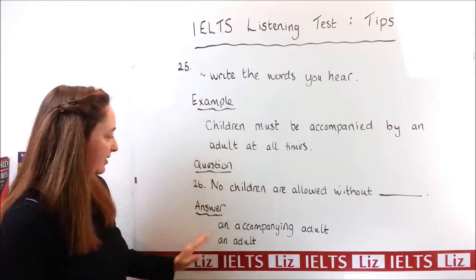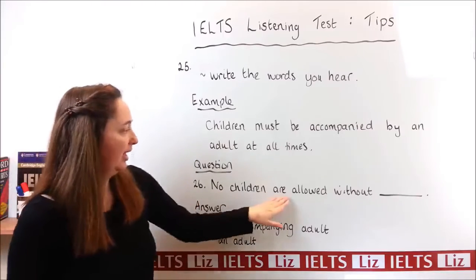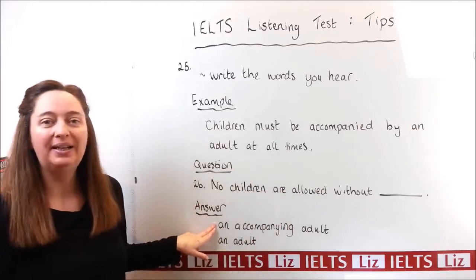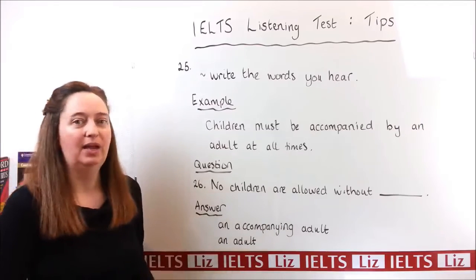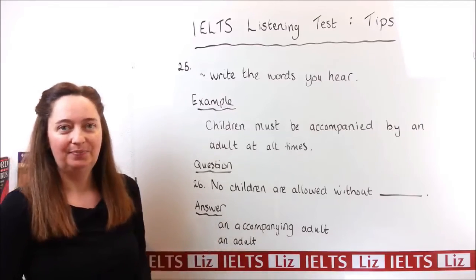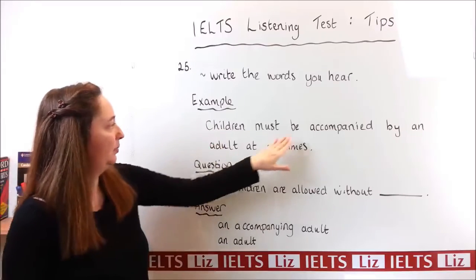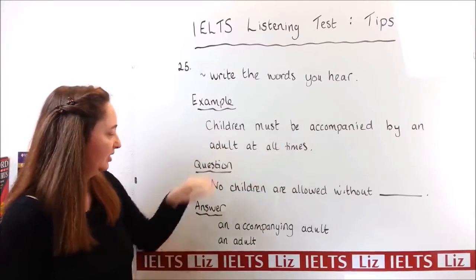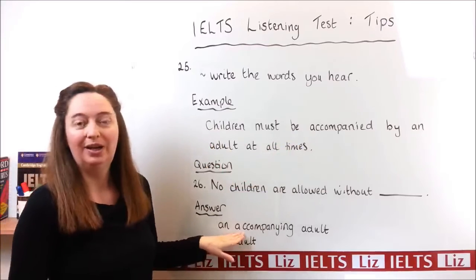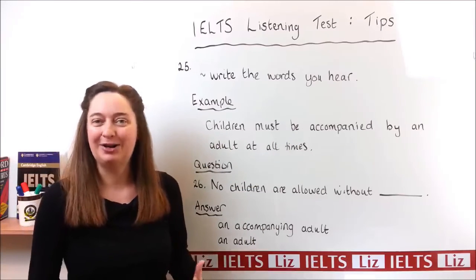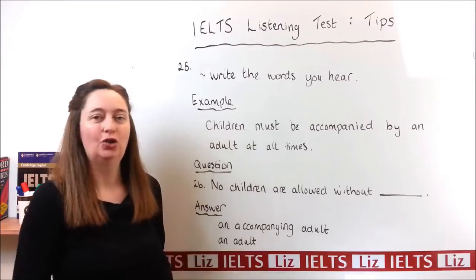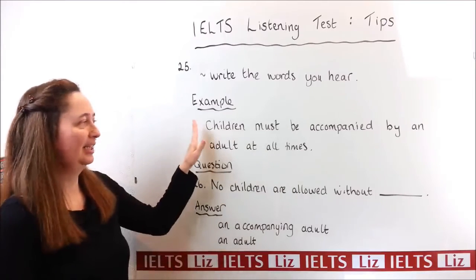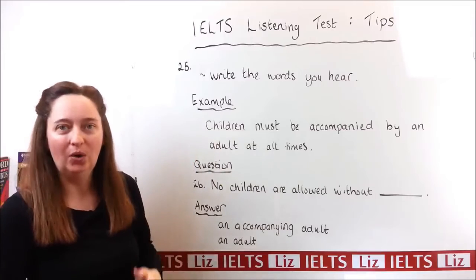Now here are 2 answers. No children are allowed without an accompanying adult, or no children are allowed without an adult. Now if we look here, we have to be accompanied by an adult. So it is true that children must have an accompanying adult, but that is not what the recording actually says word for word.